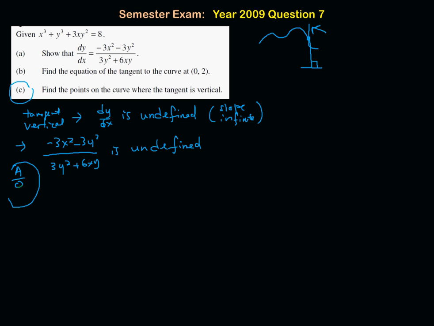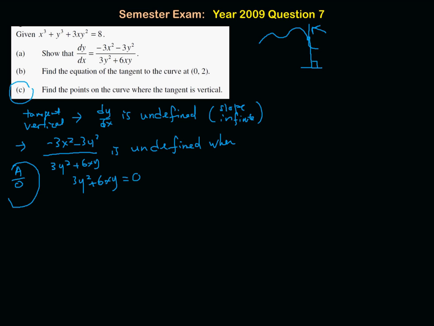So this is undefined when the denominator is 0. So this expression is undefined when 3y squared plus 6xy is 0, because the denominator is 0.